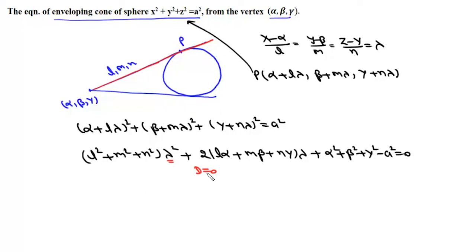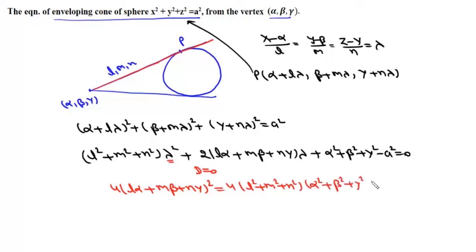Now we put b square equals 4ac. We'll get 4 (L alpha plus M beta plus N gamma) whole square, and it will be equal to 4ac. So it will be 4 (L square plus M square plus N square) into (alpha square plus beta square plus gamma square minus a square). Now this 4 and 4 will cancel.